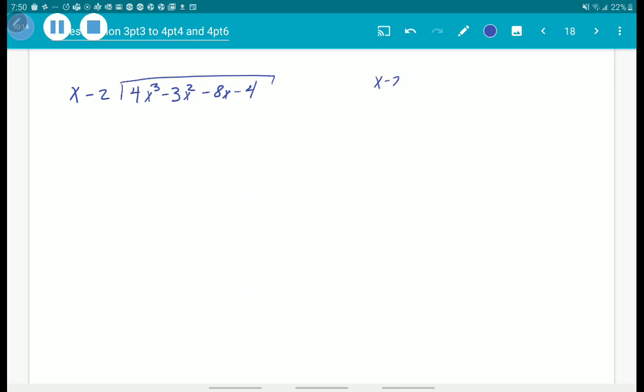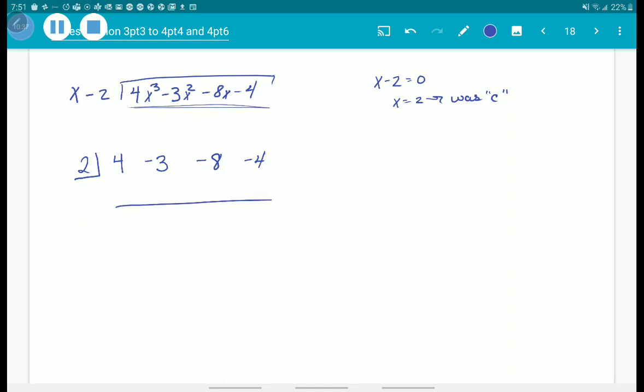So if we take x minus 2 and set it equal to 0, our c value was 2. That 2 goes in a box. Beside the box, we are listing the coefficients of that polynomial. So here's how synthetic division works.